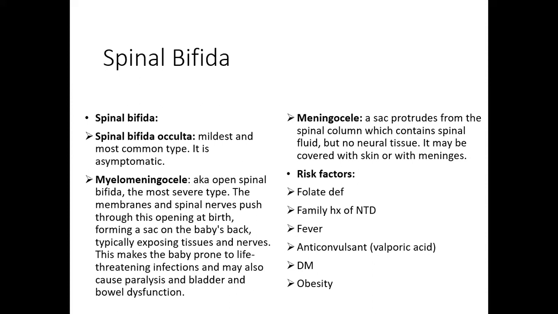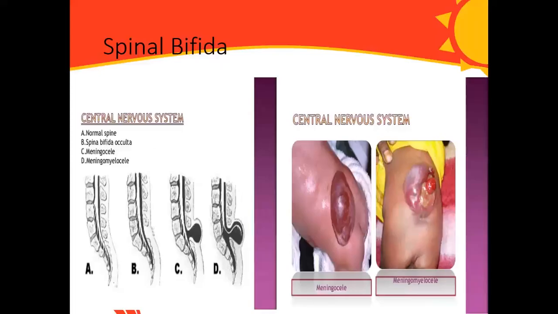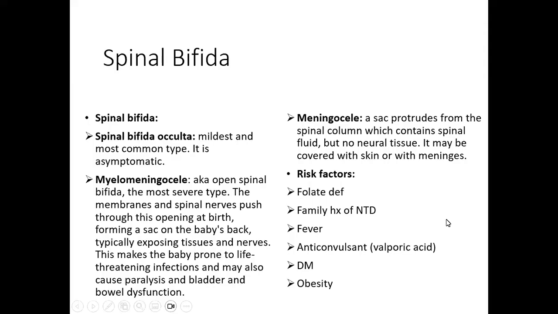All right, mothers with fever, anticonvulsants such as sodium valproate, and mothers with diabetes mellitus and obesity. These are some of the risk factors for development of spina bifida. If you look at the pictures again, you can see the difference between meningocele and myelomeningocele.